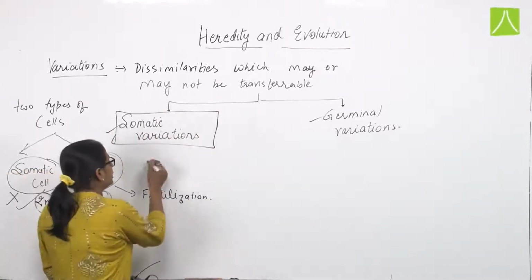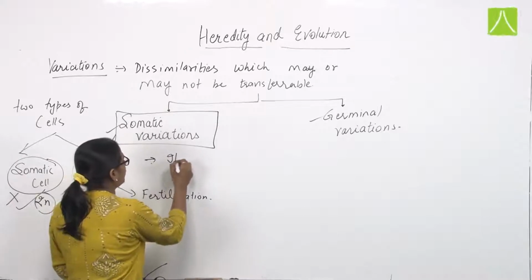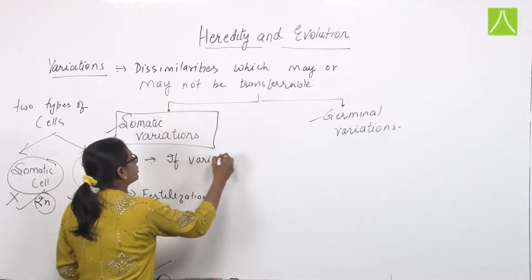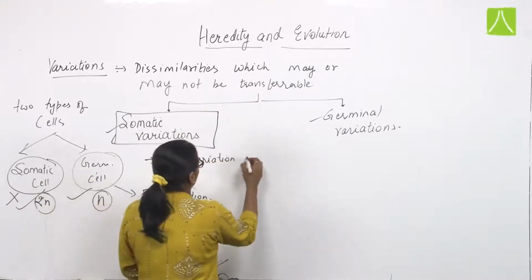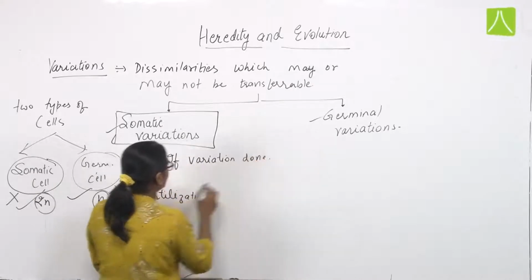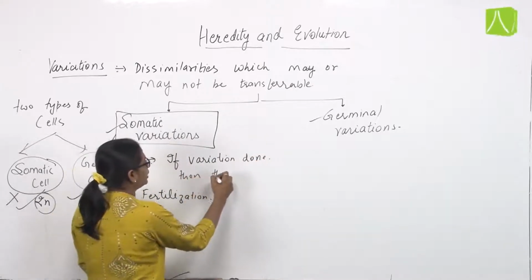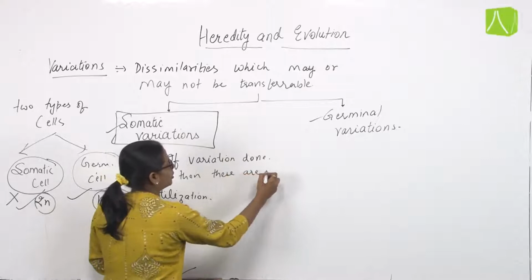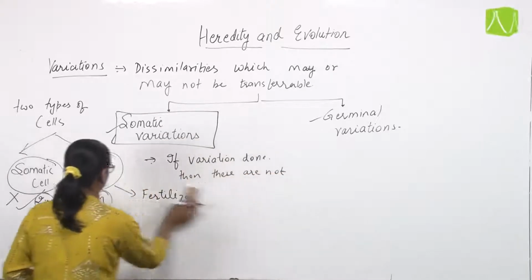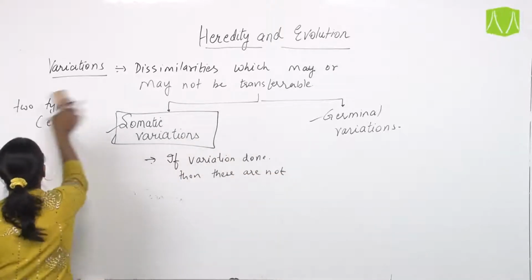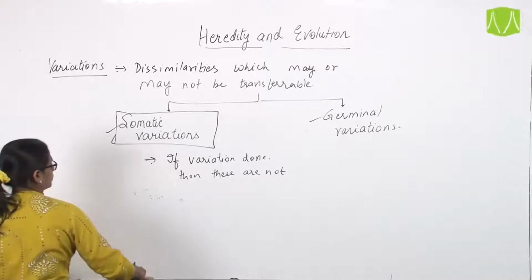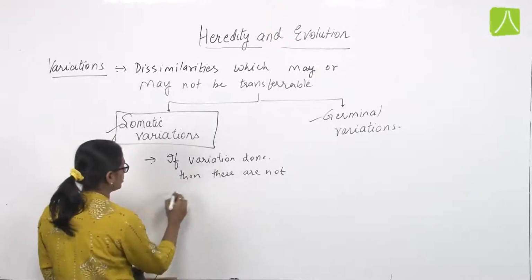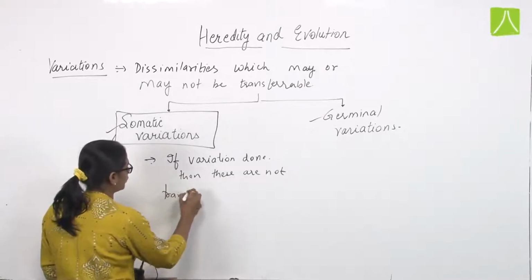That means if variations are done in somatic cells, then these are not transferable.